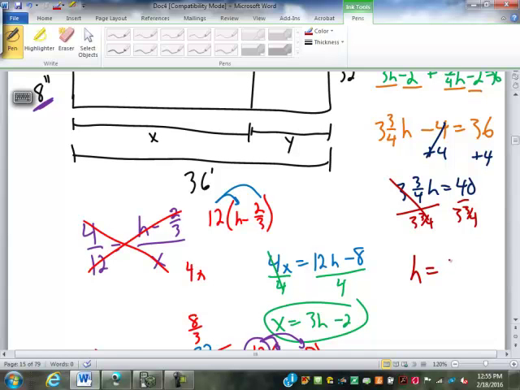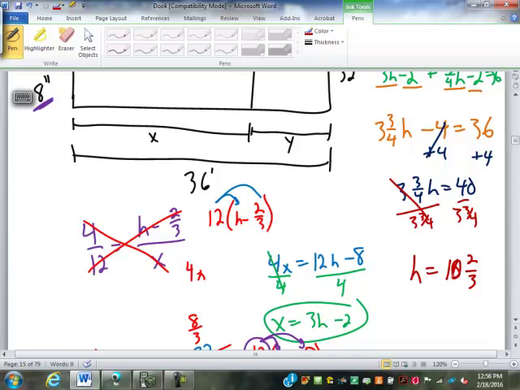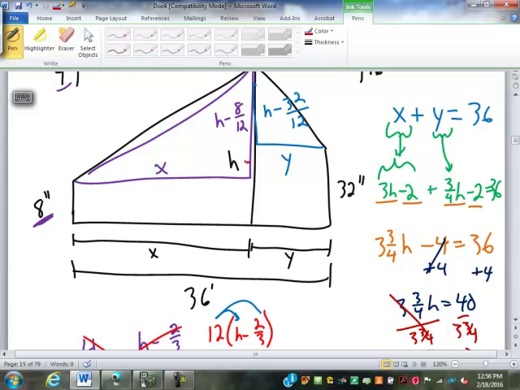So you get 10 and 2/3. Is that what you get? Sure it is, 10 and 2/3. So h is 10 and 2/3 feet, or 10 foot. 2/3 of a foot is 8 inches. You should be recognizing that by now, right?